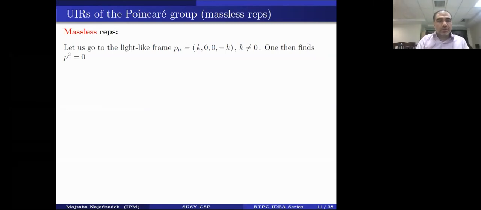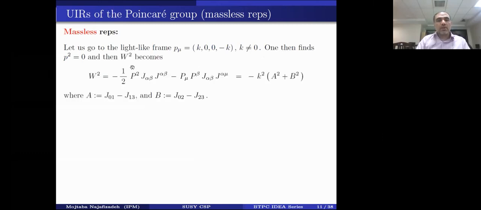Now let us go to massless representations. For massless representations, we can go to the light-like frame, which is this, and K is non-zero. One can find that P square is 0 in this frame, and then W square, which had this definition, becomes this, where operators A and B are defined in this form.